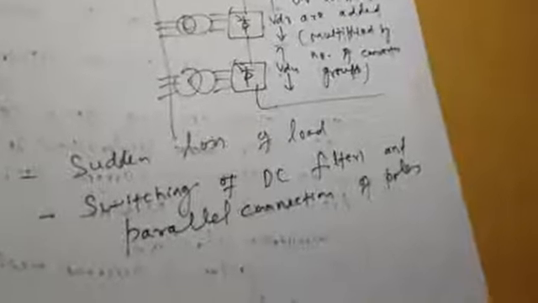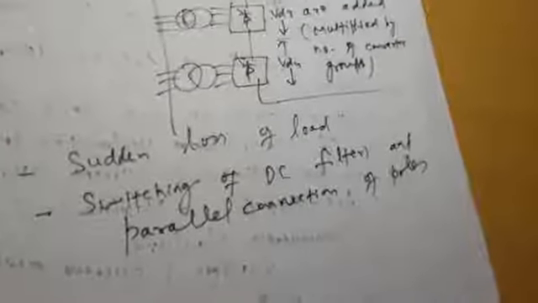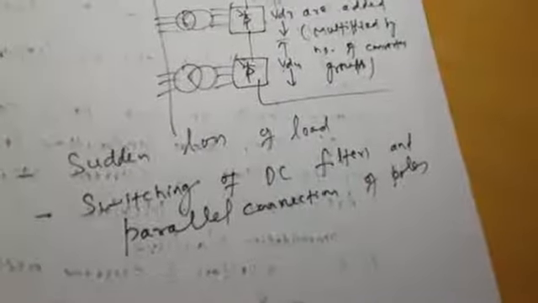So these are various causes of overvoltages in an HVDC converter station because of disturbances on DC side.